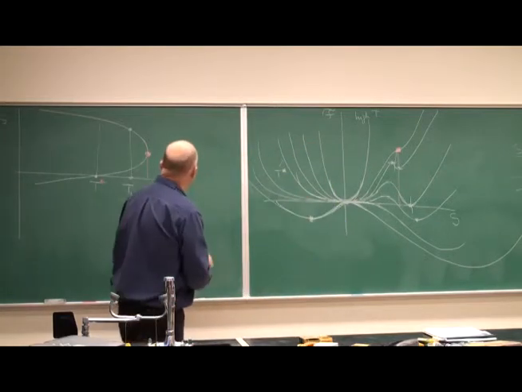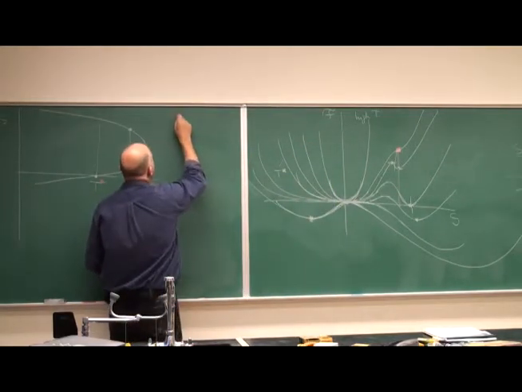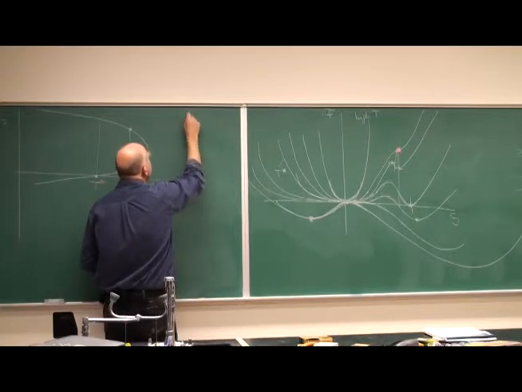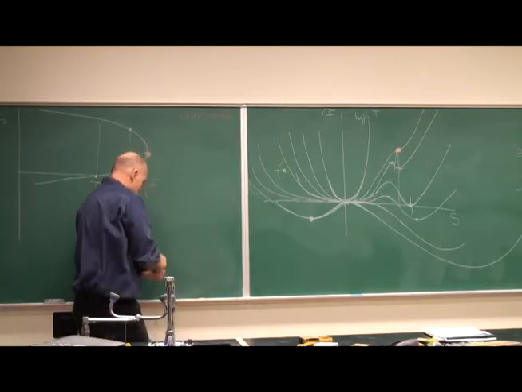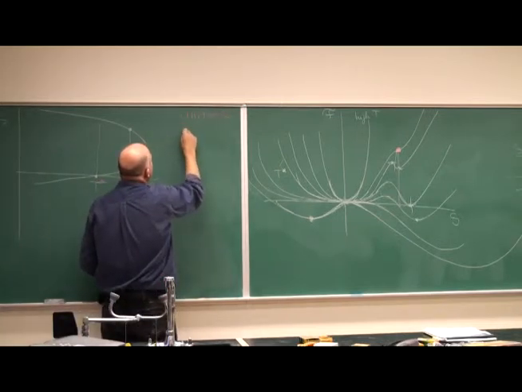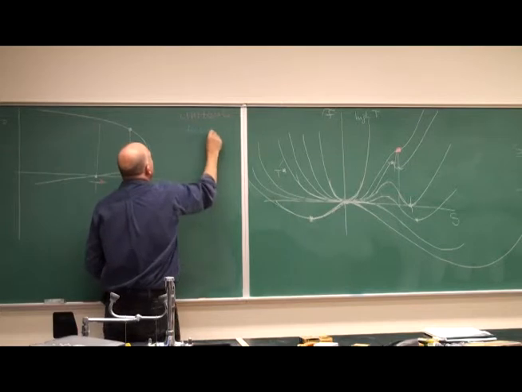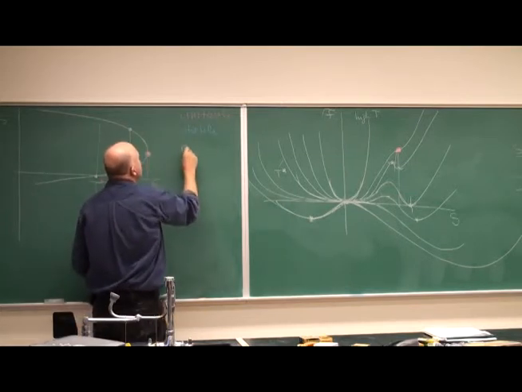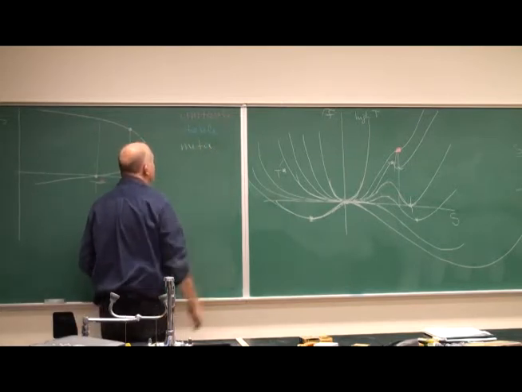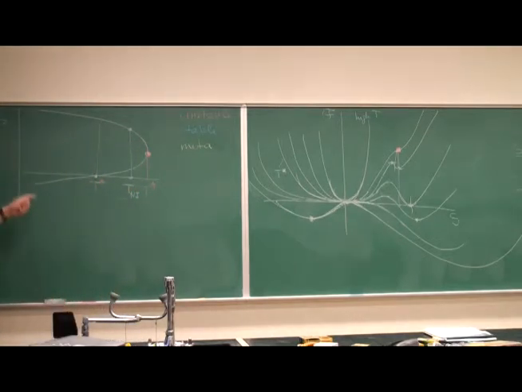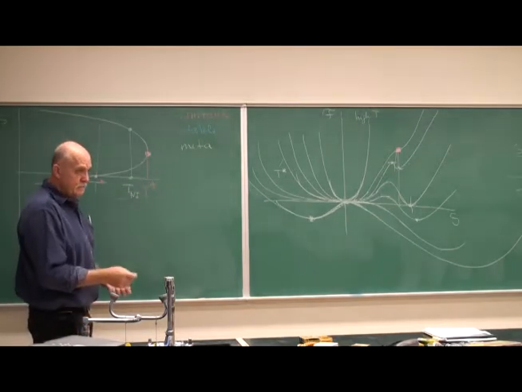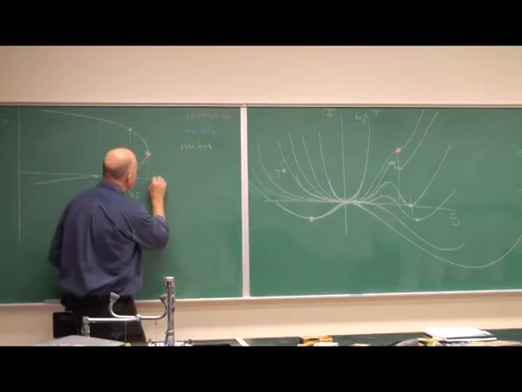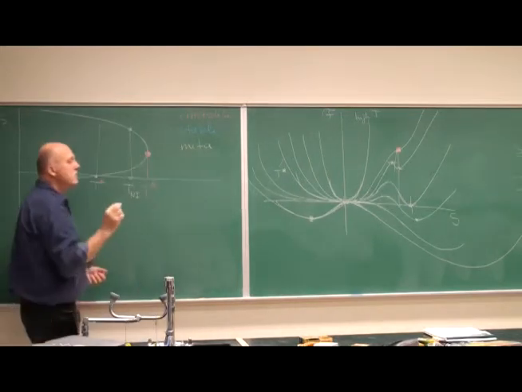So let's try to do this. Red means unstable, blue is stable, and yellow is metastable. Now let's label this. First of all, at very high temperatures, what is the stable solution? Zero. Right, so certainly up here, this is the stable solution.